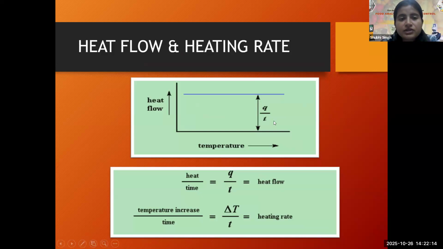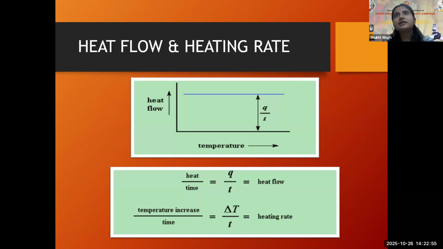There is a graph, which you can see here, of heat flow, Q by T. Heat flow, at a given temperature, is shown in units of heat Q supplied per unit mass per unit time. The heating rate is the temperature increase, delta T, per unit time. So heat upon time, Q upon T, is the heat flow: how much heat is flowing with respect to time.